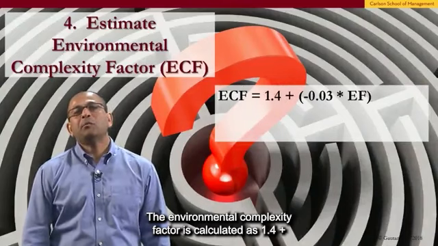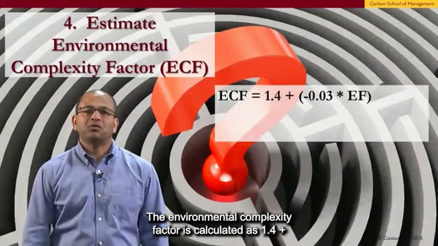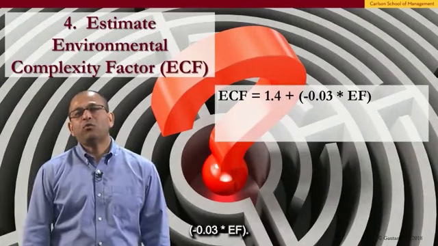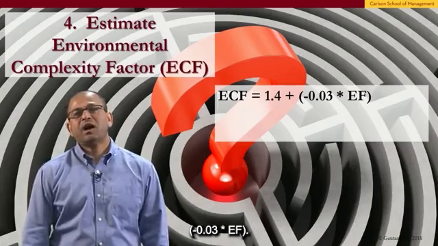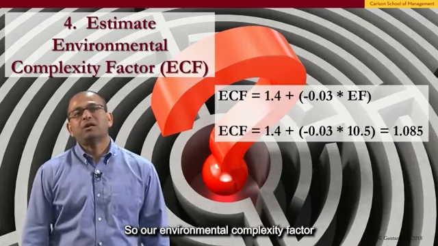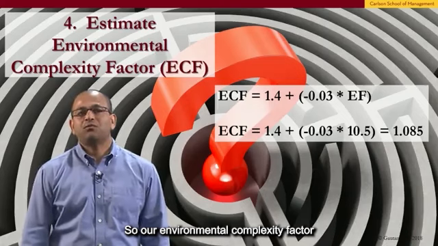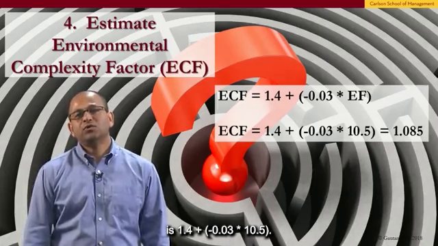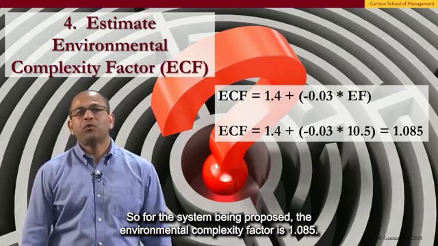The environmental complexity factor is calculated as 1.4 plus minus 0.03 times total environmental factor. So our environmental complexity factor is 1.4 plus minus 0.03 times 10.5. So for the system being proposed, the environmental complexity factor is 1.085.